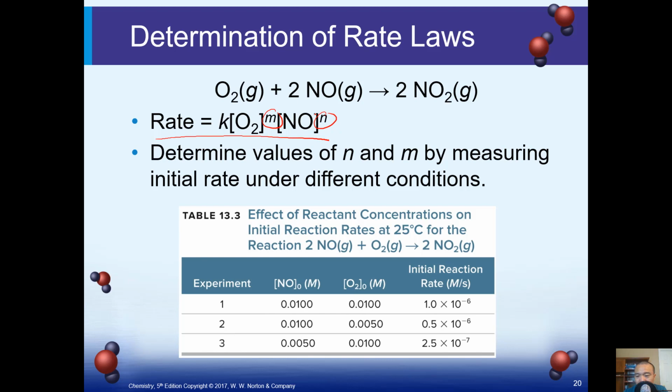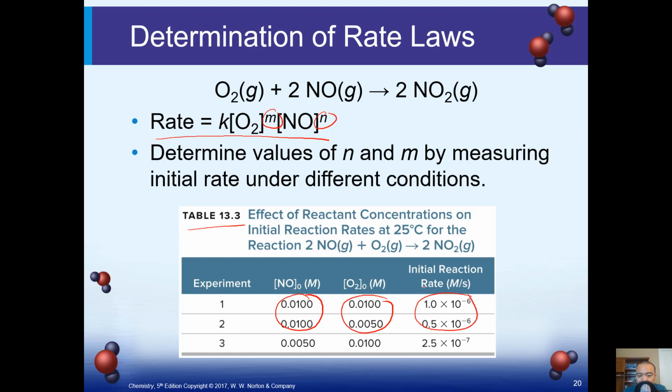Consider the reaction in this table. The initial concentration of NO is the same for trial 1 and 2, while the concentration of oxygen changes between experiments 1 and 2, and the initial rate changes accordingly.